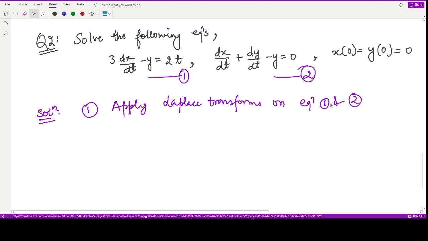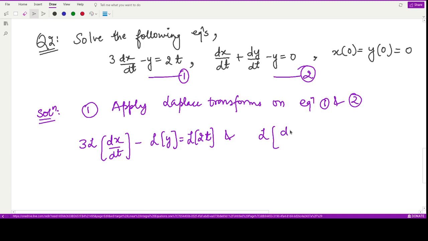So you will have 3 times the Laplace transform of dx upon dt minus the Laplace transform of y, that is equal to the Laplace transform of 2t. And in the second equation, you will have the Laplace transform of dx upon dt plus the Laplace transform of dy upon dt minus the Laplace transform of y, that is equal to 0.